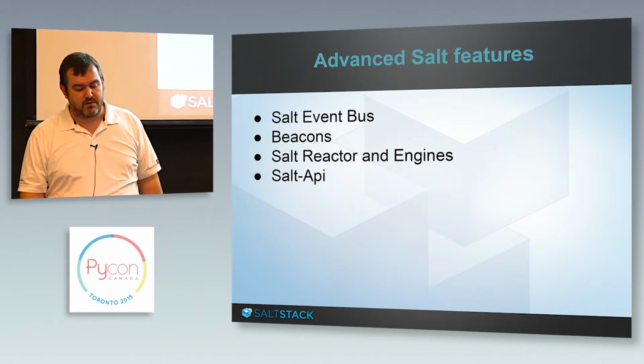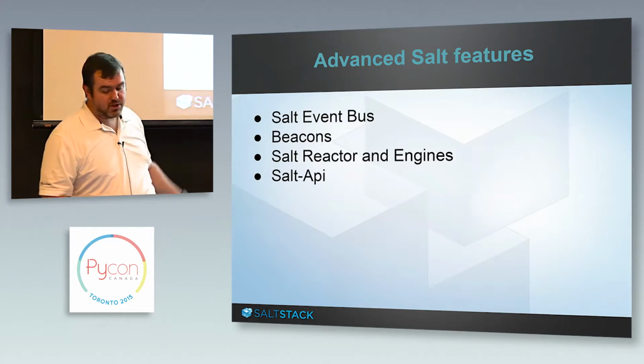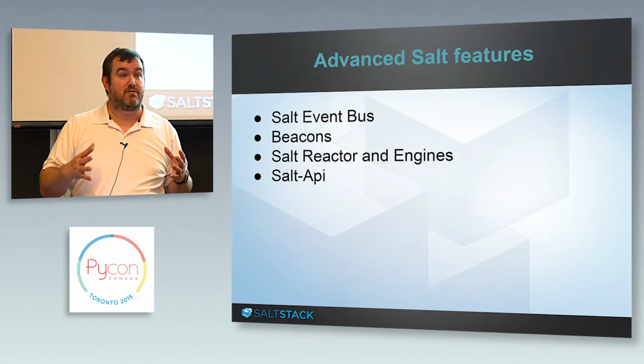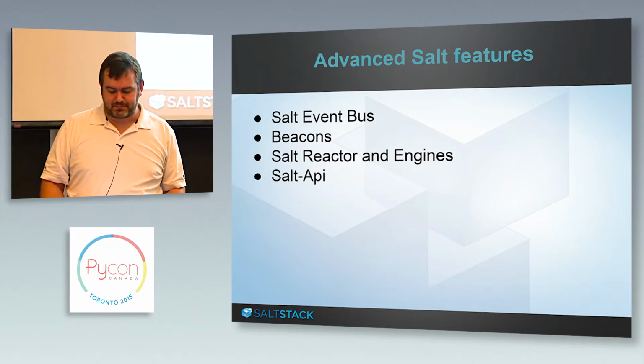A newer feature is an engine. An engine can run on the master or on the minion as well, and it allows you a more programmatic Python interface to do something with those events that are coming through.